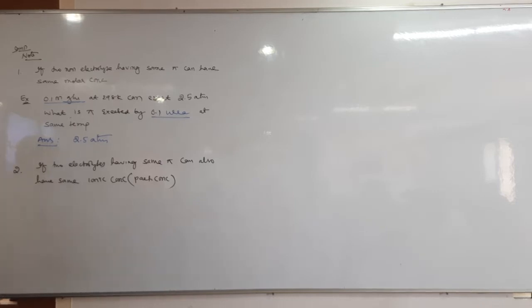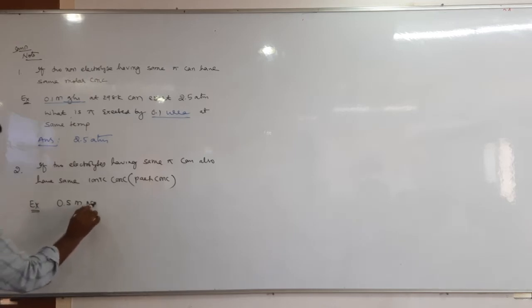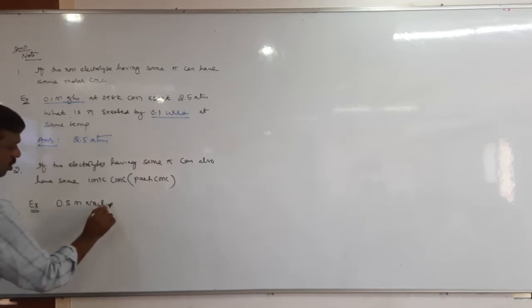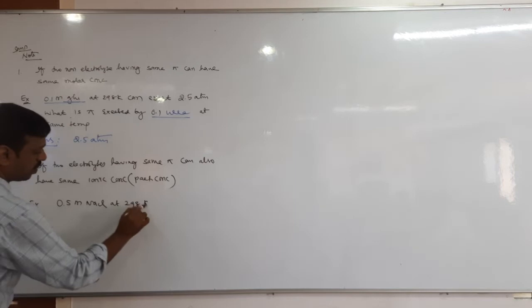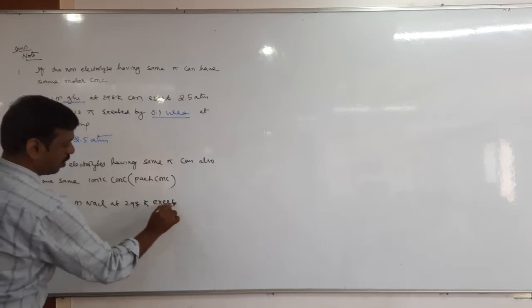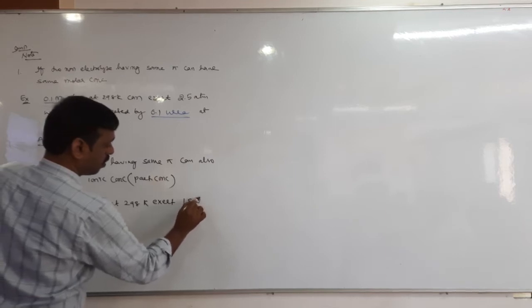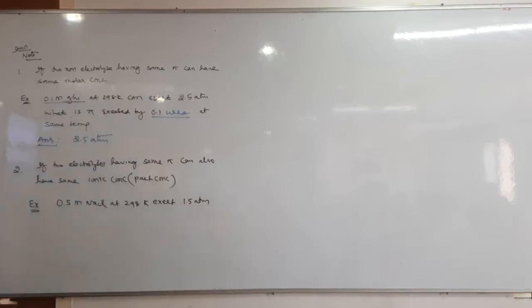Okay. Now for example, take this: 0.5 molar NaCl at 298 Kelvin can exert 1.5 atm osmotic pressure.